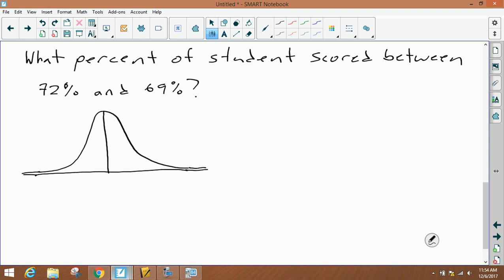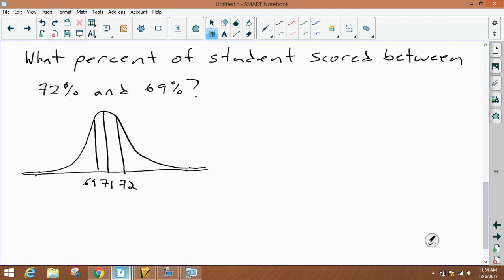If you don't have the picture, you'll lose points. So our mean was 71. We keep trying to say 70. It's not true. Our mean is 71. Our one x value we have over here is 69, and our other x value is 72.